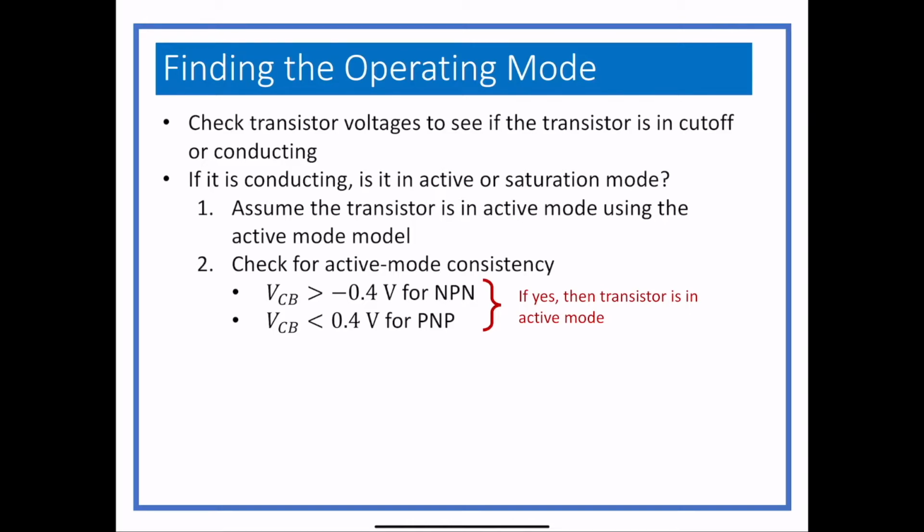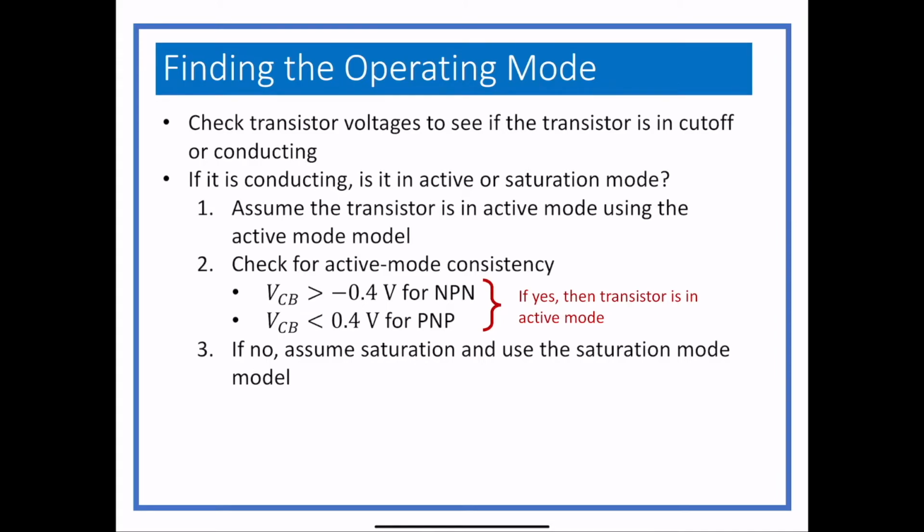But if those aren't true, if you either don't come up with VCB greater than negative 0.4, or you have values that just don't work in the circuit, then you assume that you're in saturation, and you use the saturation model, which basically means you set VCE to 0.2 volts.